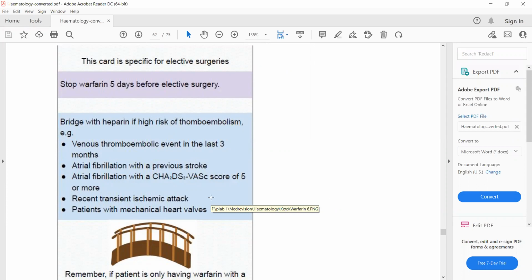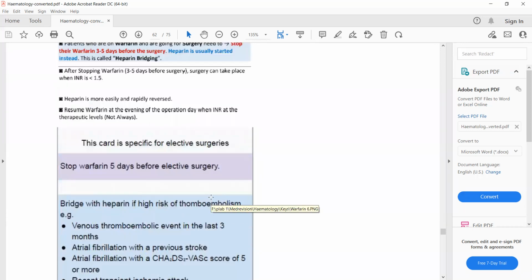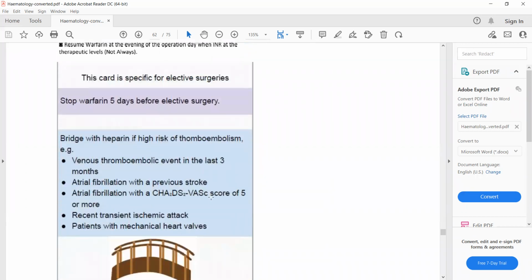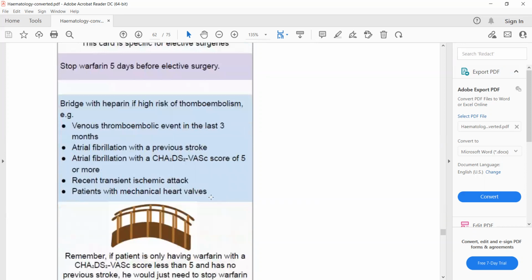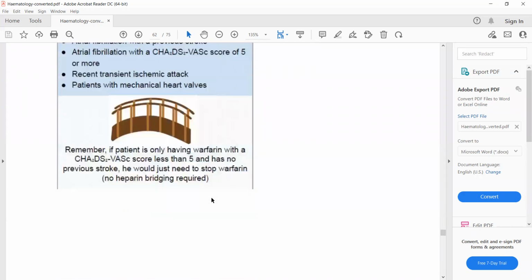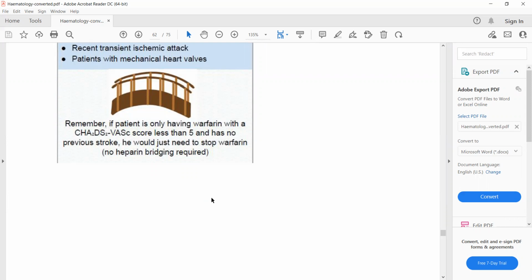In all other patients, only stopping the warfarin and doing the surgery when INR is less than 1.5 is required. So remember, if a patient is only on warfarin with a CHADS-VASc score of less than 5 and has no previous stroke, he would just need to stop warfarin and no heparin bridging would be required.